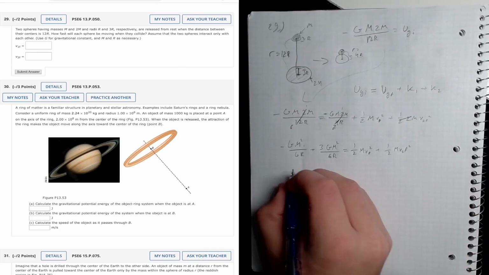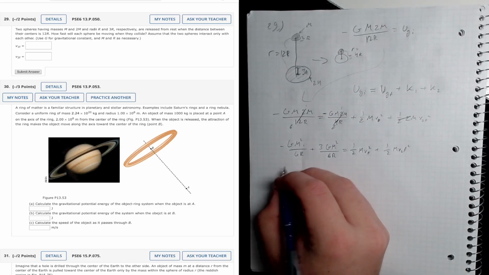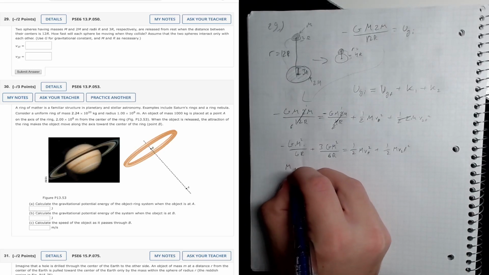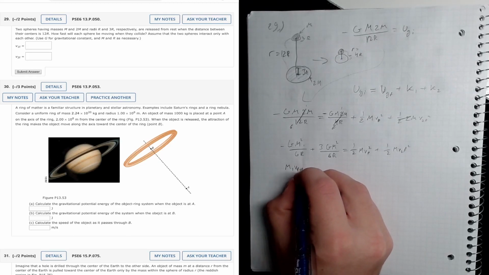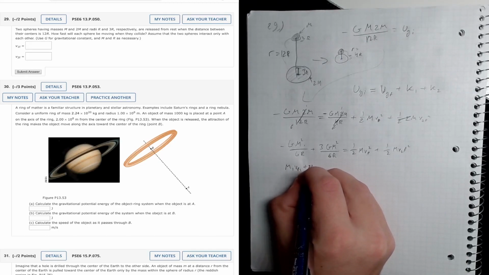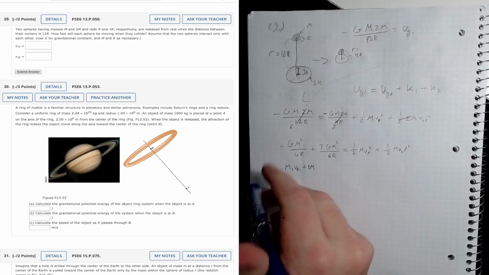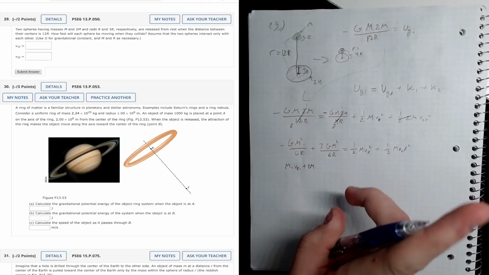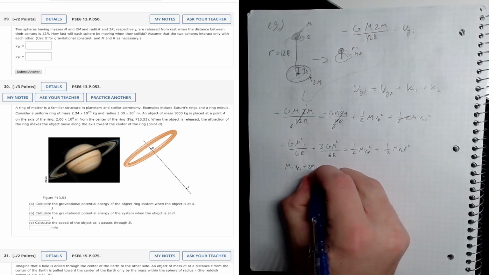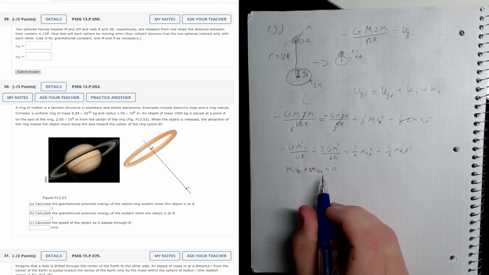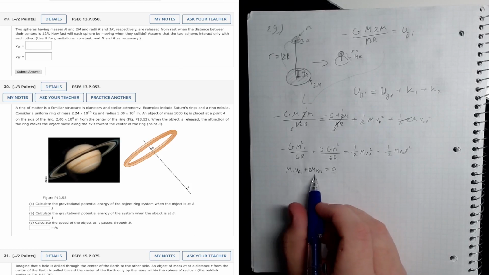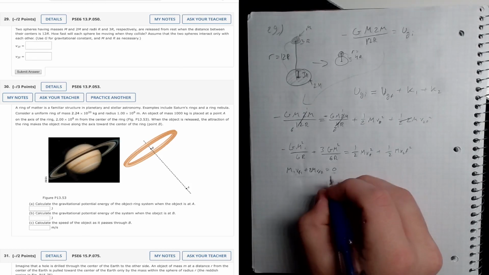So in order to find those, we can use the law of conservation of momentum. So we know that m1 velocity final 1 plus, well, m2 is 2m, velocity final 2 equals 0, because that was the initial momentum, and then now this is the final.